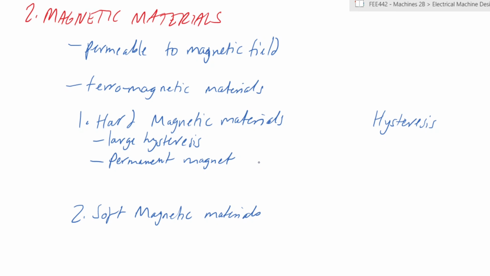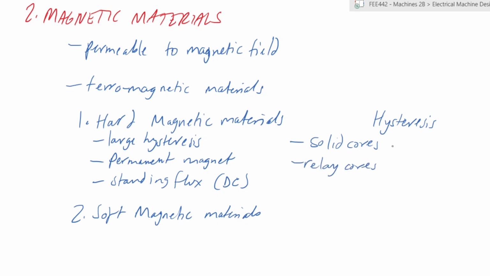So places where you have standing flux, such as those in DC applications. They are used in places such as solid cores and relay cores, the solid cores of DC machines and relay cores.